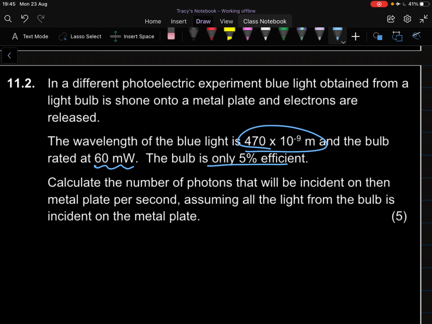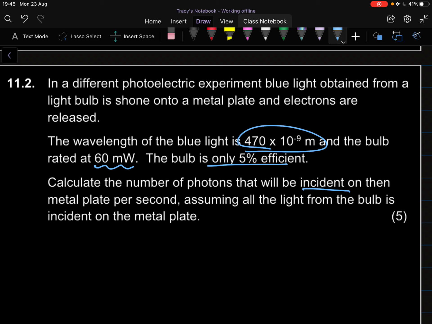They tell you the bulb is only 5% efficient. Calculate the number of photons that will be incident on the metal plate per second, assuming all the light from the bulb is incident on the metal plate.